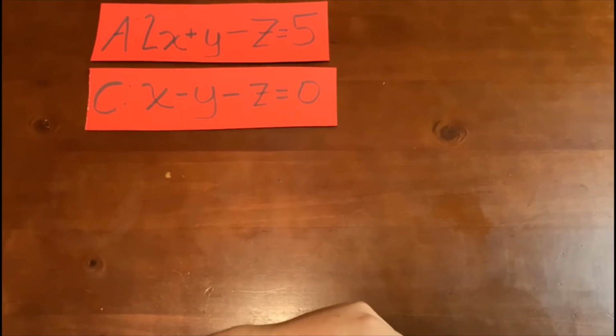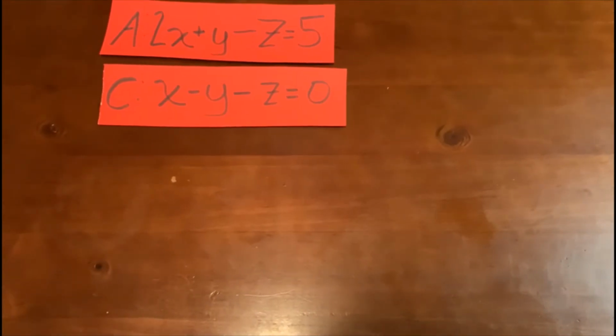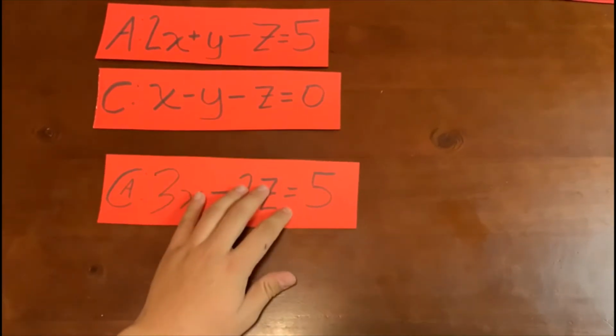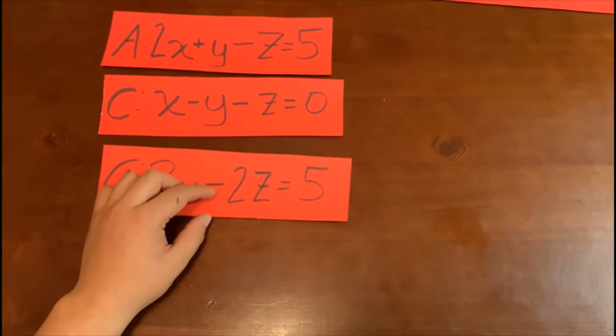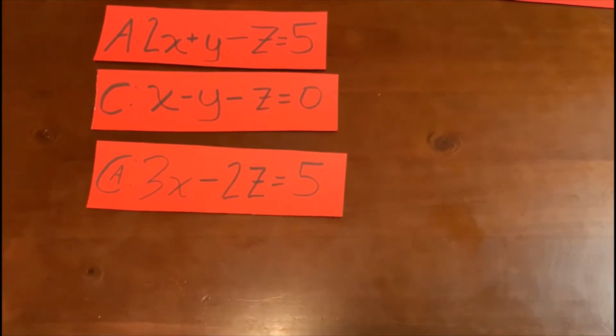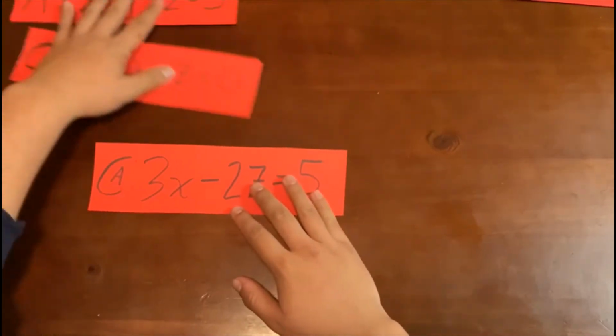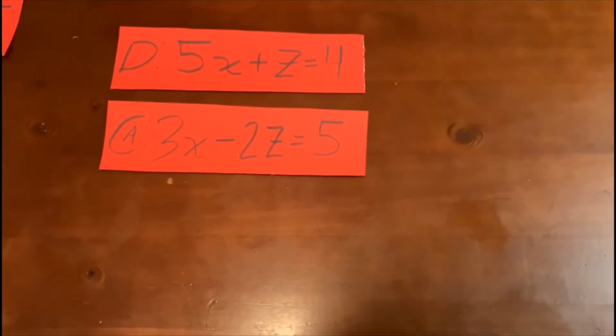And now we have 5 plus 0 equals 5. So our equation is 3x minus 2z equals 5.